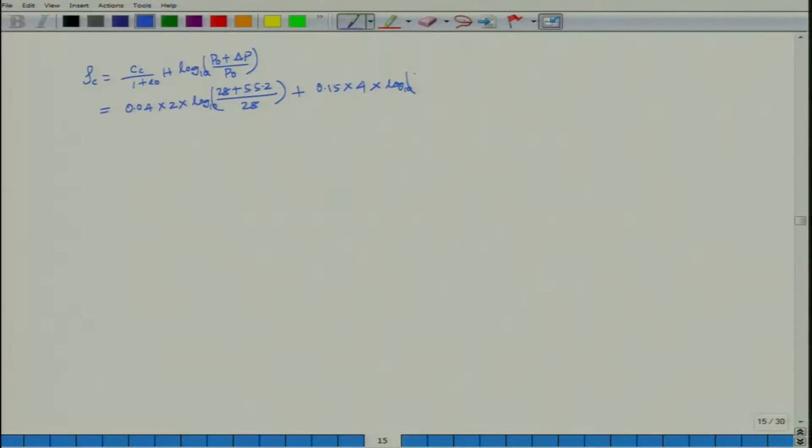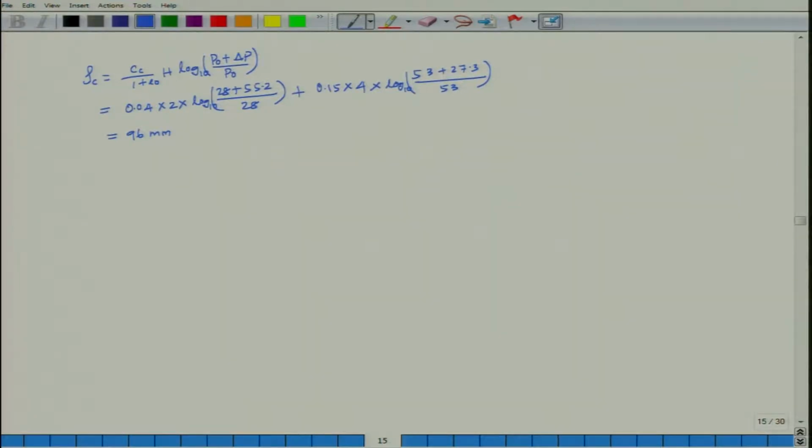So, here it is (53 plus 27.3) divided by 53. So, it comes out to be 96 mm. You can check yourself doing this calculation.